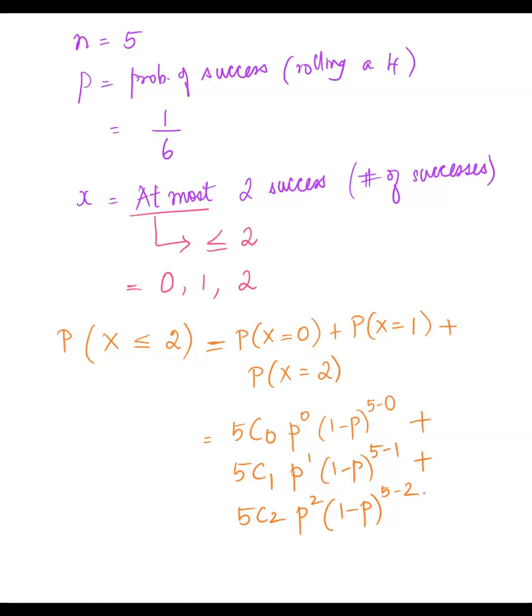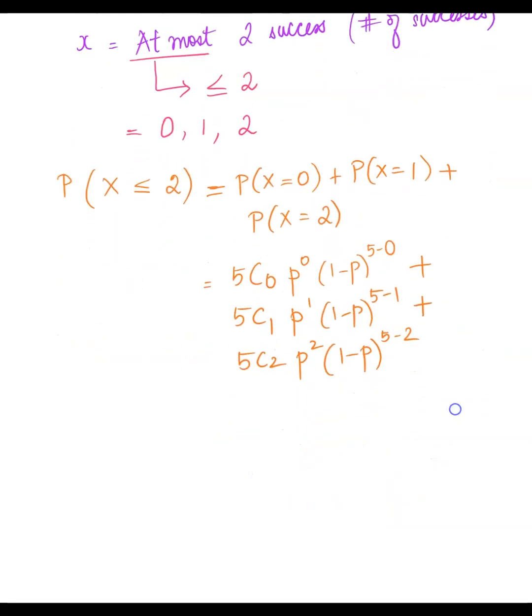And you have to compute them each time and then add them up. Okay? So the calculation has been done manually, and that value comes to be approximately 0.961. Just fix that.